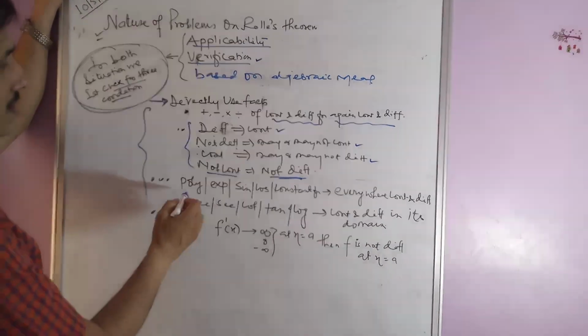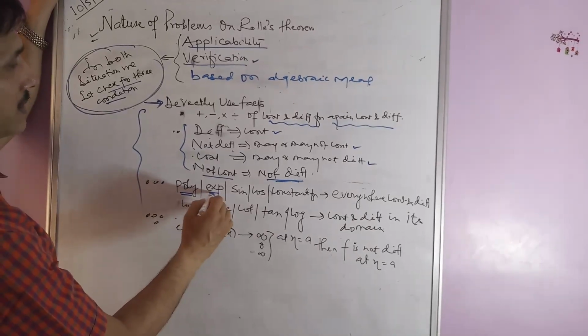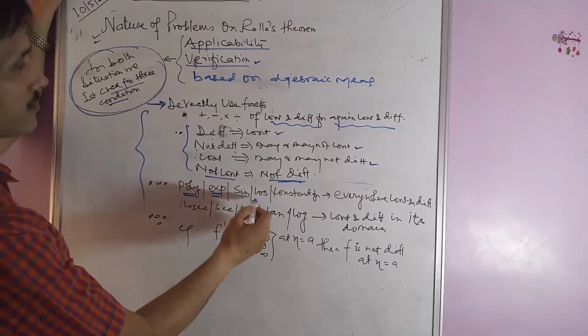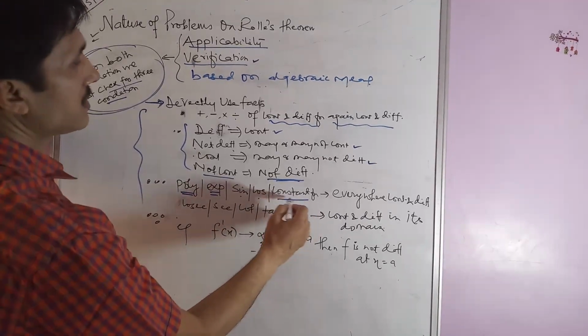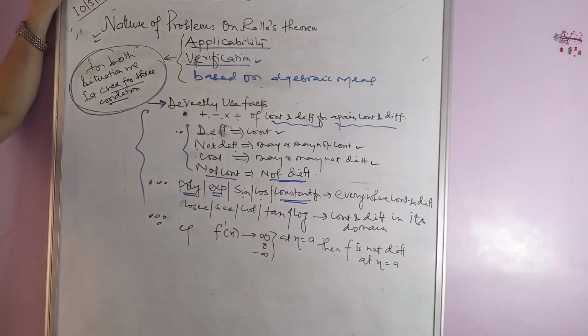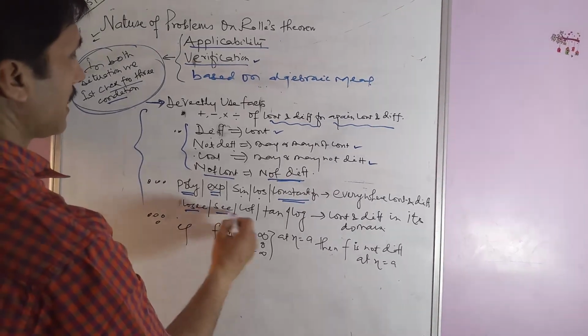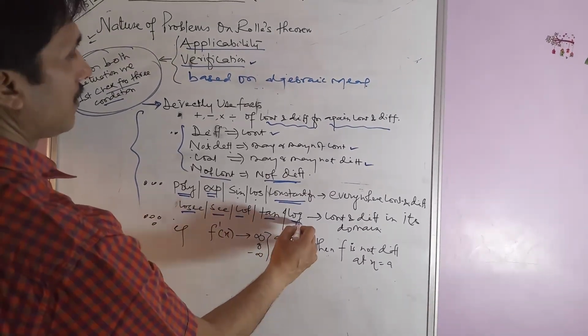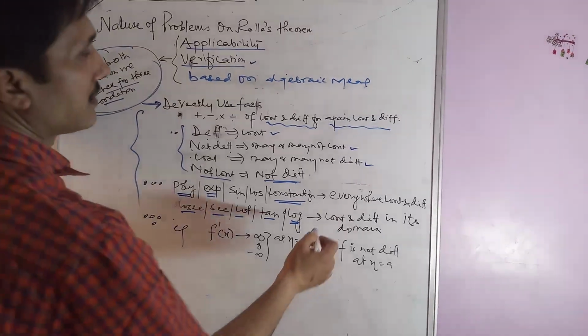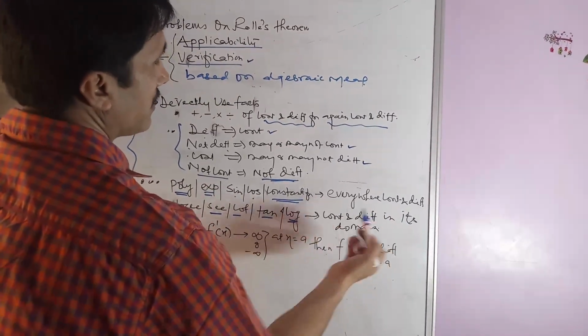Next, polynomial function, exponential function, sine function, cosine function, and constant function are everywhere continuous and differentiable. But cosec, sec, tan, cot, and logarithmic functions are continuous and differentiable in their domain.